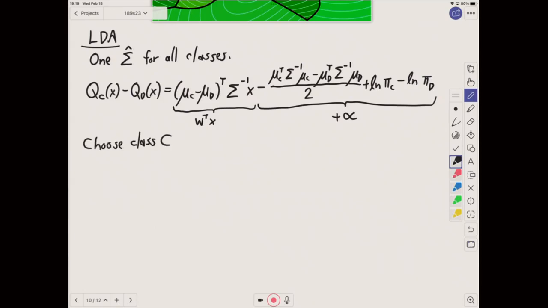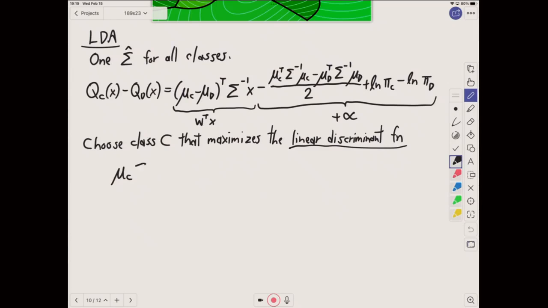Well, you choose the class that maximizes something called the linear discriminant function, which is mu c transpose sigma to the minus 1 times x, minus 1/2 mu c transpose sigma to the minus 1 mu c, plus the natural logarithm of pi c.